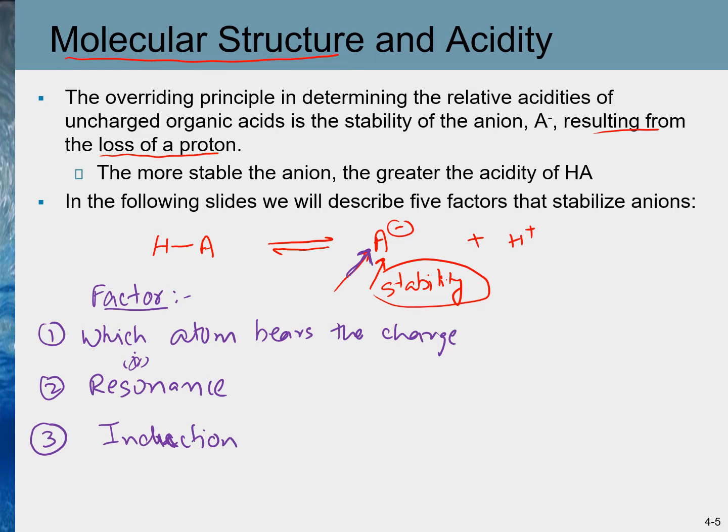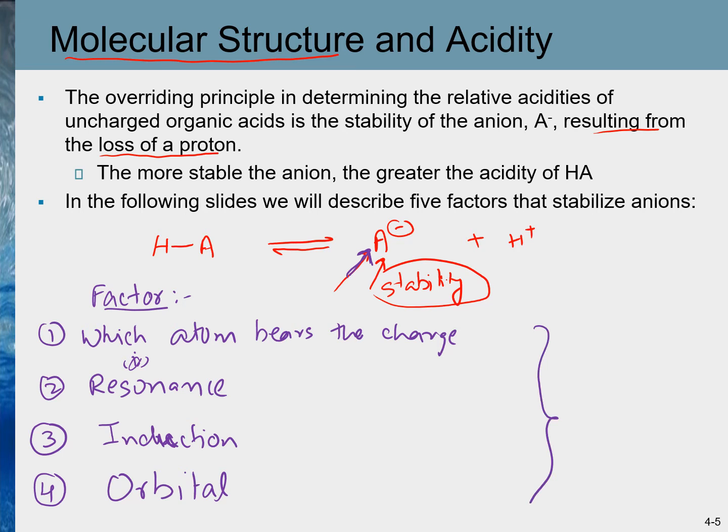And then the last factor which affects the stability of anion is what kind of orbital holds the negative charge.